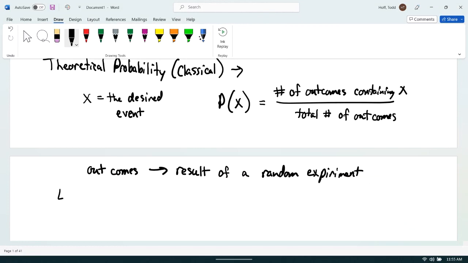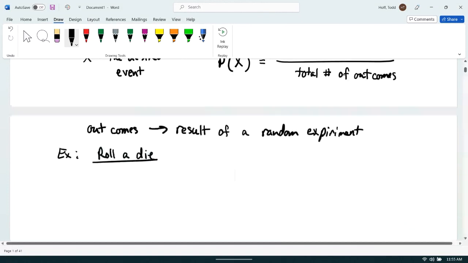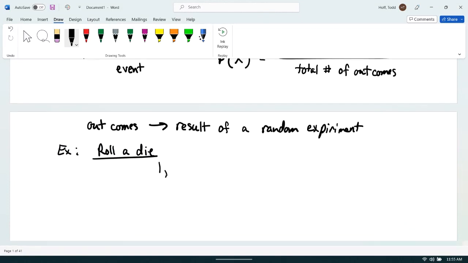An example here would be rolling a die. A possible outcome could be rolling a 1, or a 2, or a 3, or a 4, or a 5, or a 6, because those are the possible results of rolling a die.